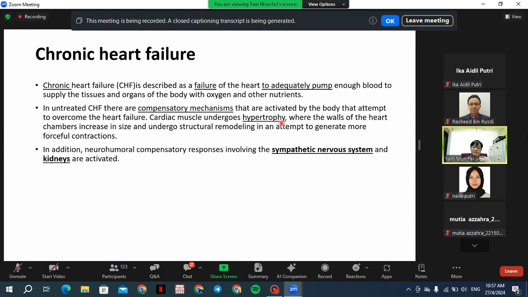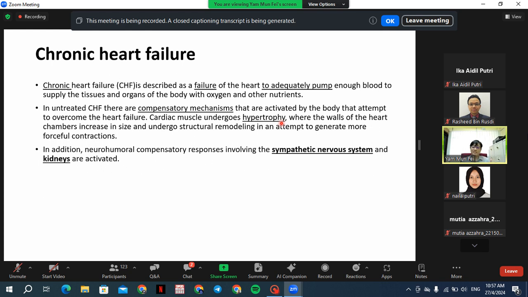So the muscle becomes hypertrophic. Like when you go to the gym and practice, your muscle becomes bigger, and this condition is considered hypertrophy. The same thing happens in your heart. Your heart pumps more, works more, and then becomes bigger. The cells become bigger, and we call it hypertrophy.